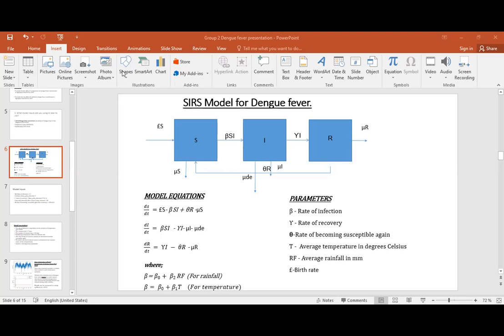We also know that climate change will have an impact on temperature, which also enables the survival and breeding of this vector. So ideally, in our model, we must show the distribution or the spread of the vector, which will now interact with the human population for us to see the dengue in humans.